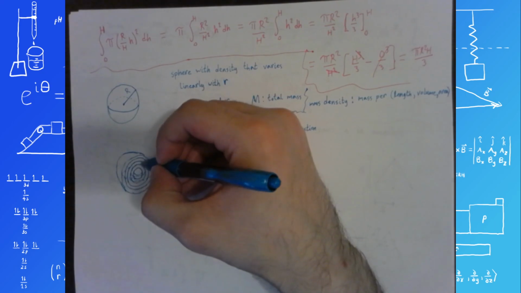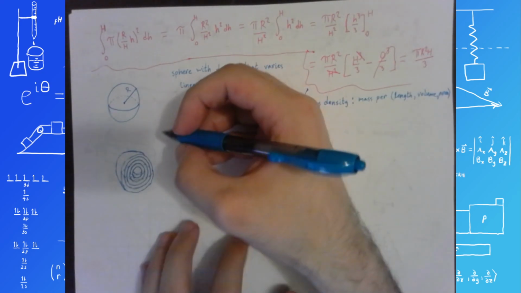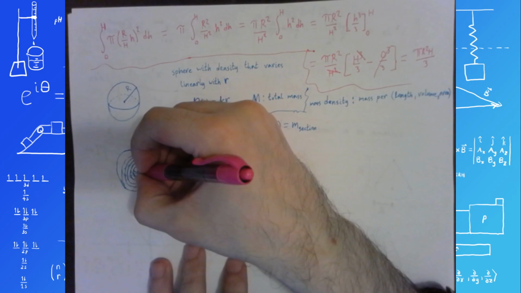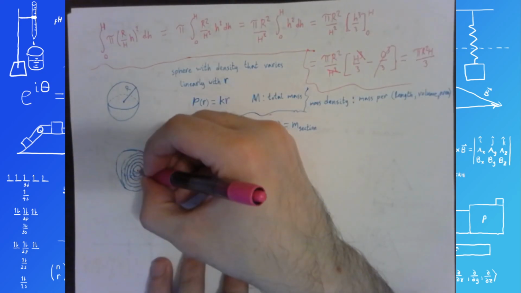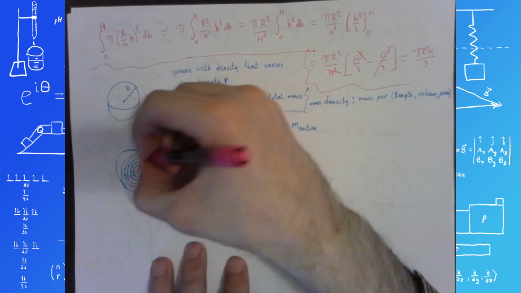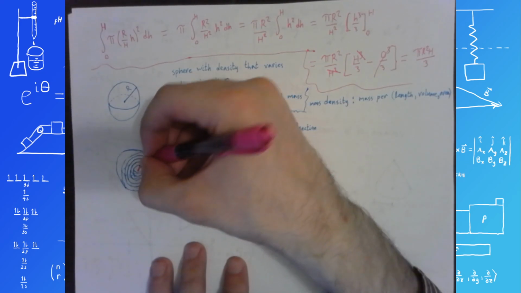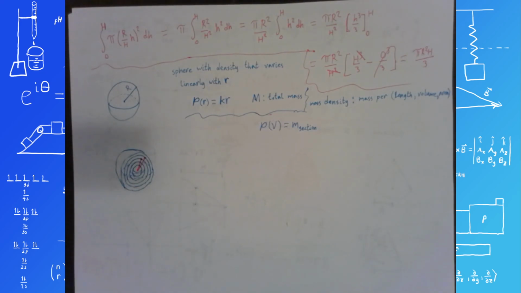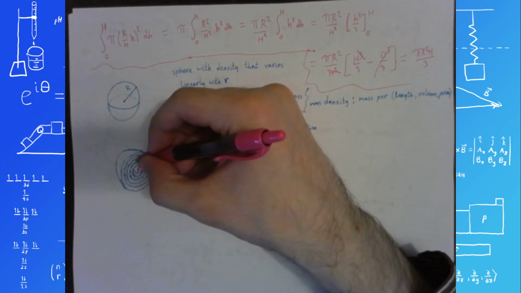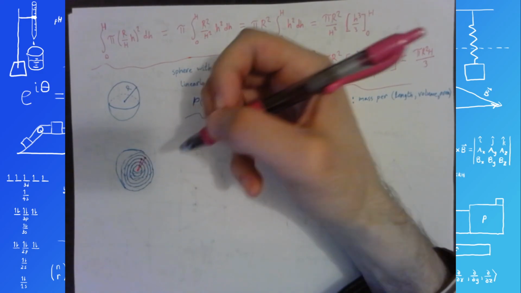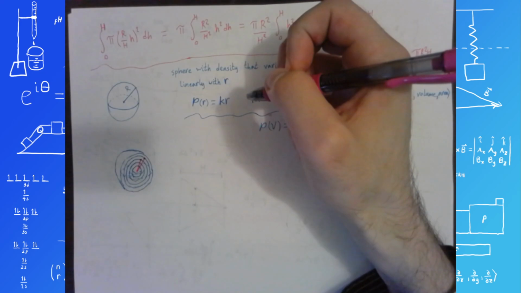If I make these shells super thin, then the difference in r from here to here, you've got a different radius here versus here. If I make these shells really, really thin, then the change in r will be so small that the change in density between the inner part and the outer part of this one shell will also be negligible.